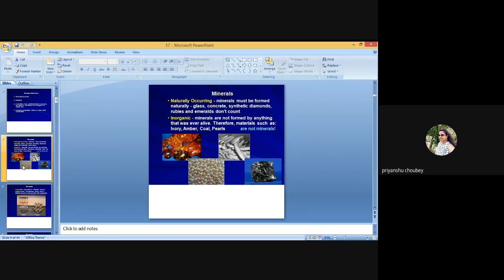Habit of crystal. The external shape of a crystal is called its habit. It depends on the relative development of the different faces.